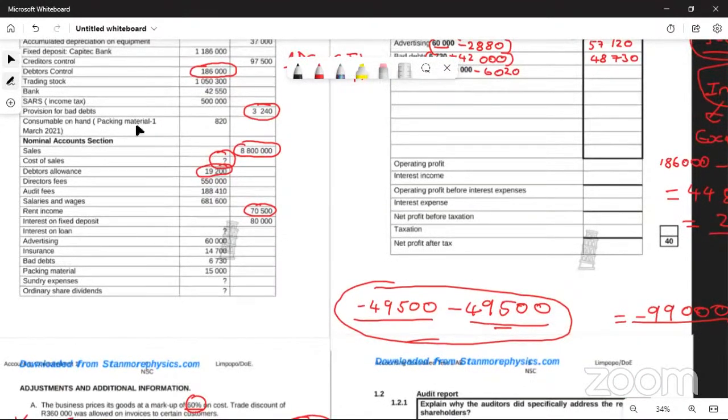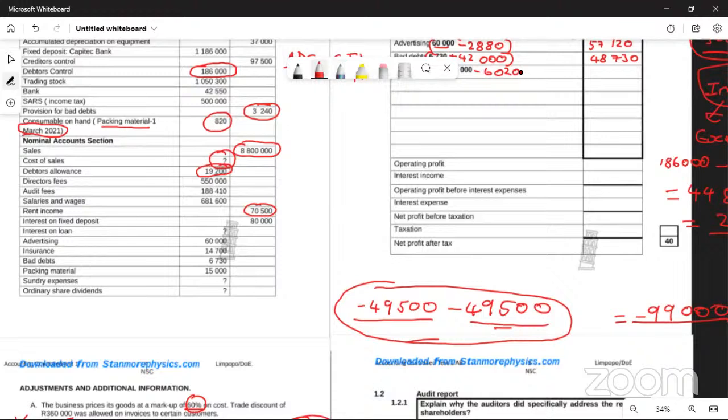Consumable stores on hand, packing material, there it is. Consumable stores on hand packing material, March 2021, at the beginning of the year. So remember, as the consumable stores from the previous year, we have them at the beginning of the year, so we add them because they are to be used.